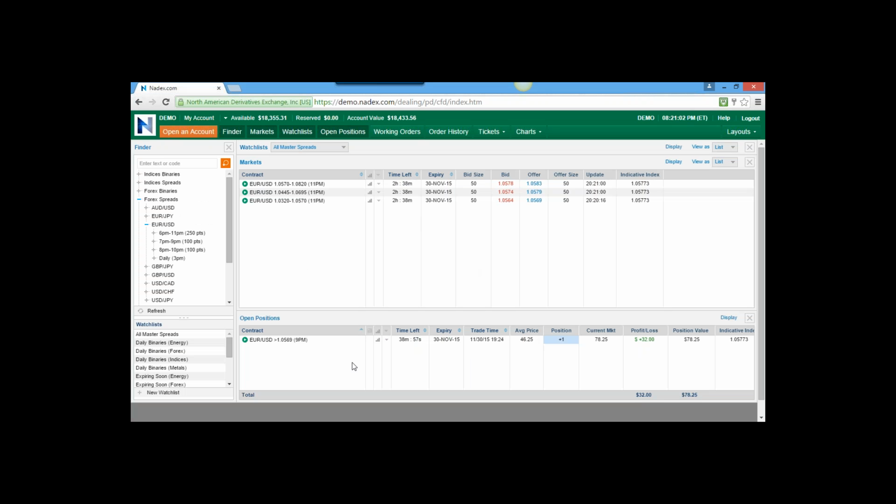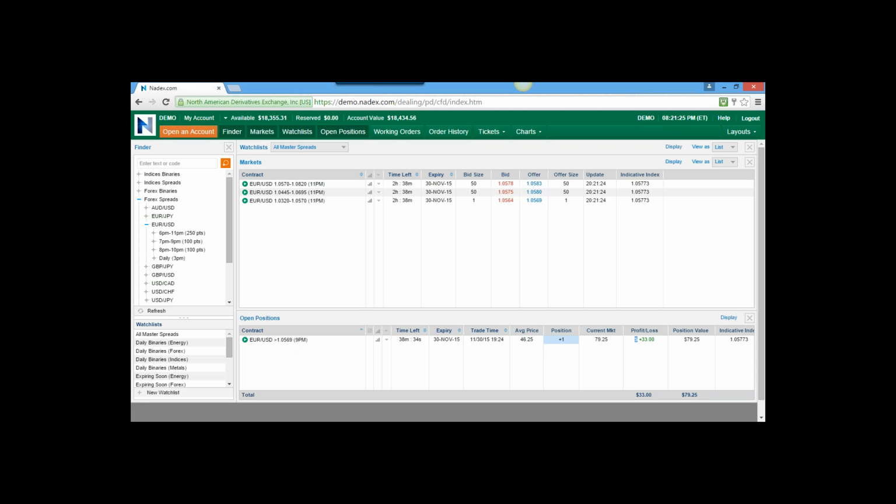So, for example, remember this trade I had opened earlier? This binary that I bought? And I bought it for $46.25, remember? Well, I bought it saying the market's going to go up. The market went up. What can I sell it for now? 78 bucks.